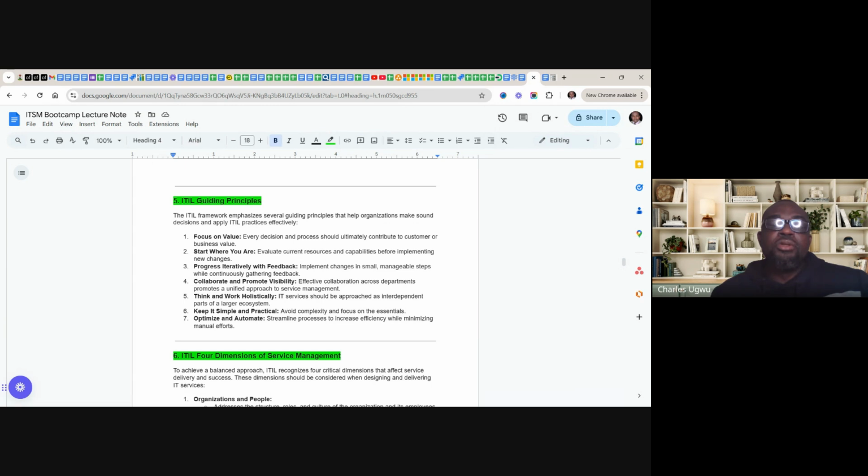Collaborate and promote visibility. Effective collaboration across departments promotes a unified approach to service management. You cannot say you are providing service to all departments in isolation. You are just there on your own as an IT service manager. You lock yourself in your office, capturing incidents and responding.